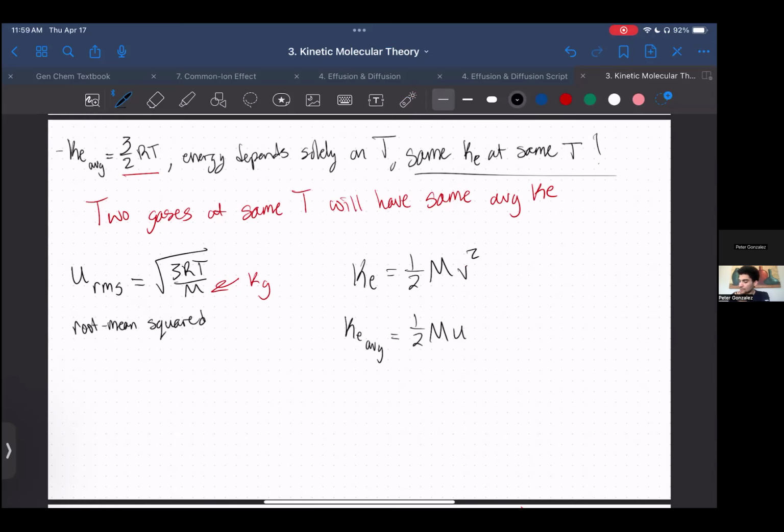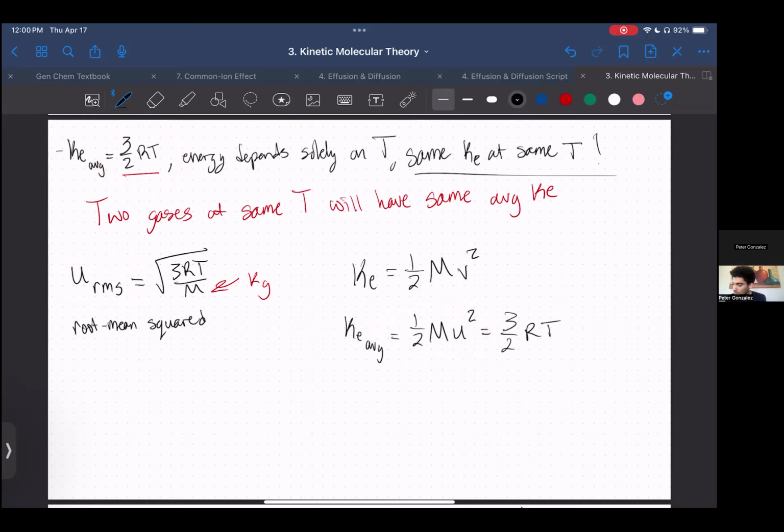Now I'll use u squared because that's just what the average velocity is called for some reason. I don't know why. If anyone knows, please tell me. I would love to hear it. And then we just say, okay, this term also equals this term up here. We'll just let them equal each other. So we have 3/2 RT.